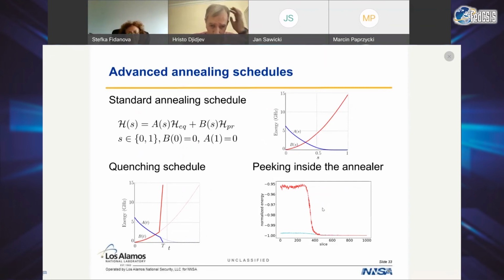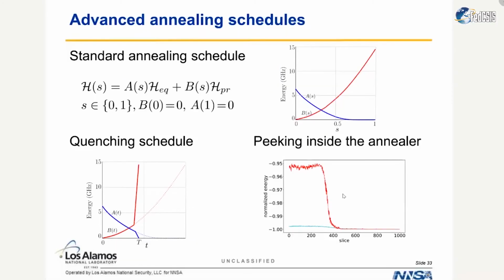And the last technique I'm going to talk about is using advanced annealing schedules. The annealing schedule is how to mix the 2 Hamiltonians, the flat one represented by the straight line, and the wavy one that represents our objective function.